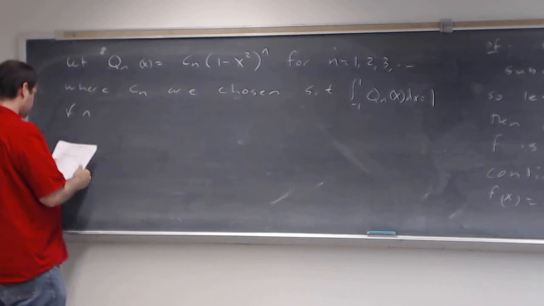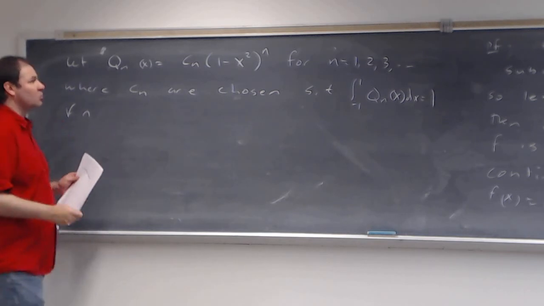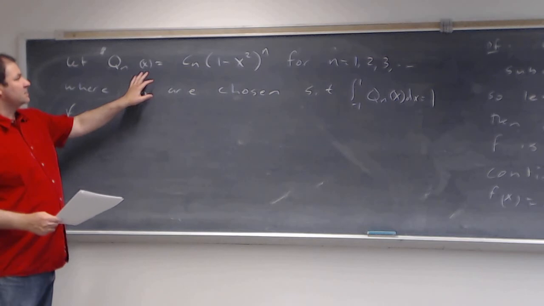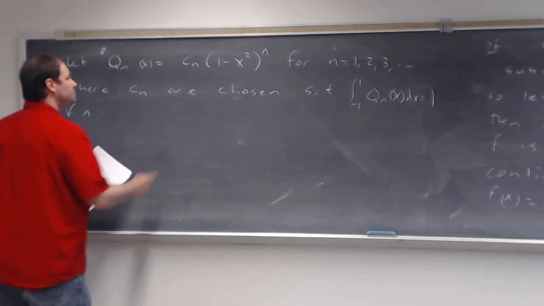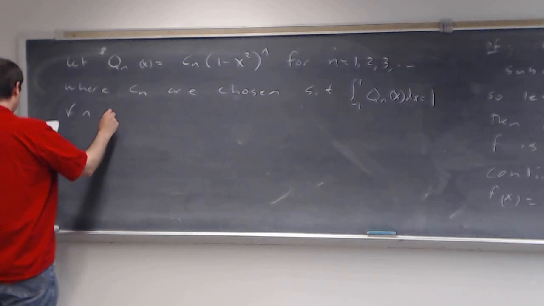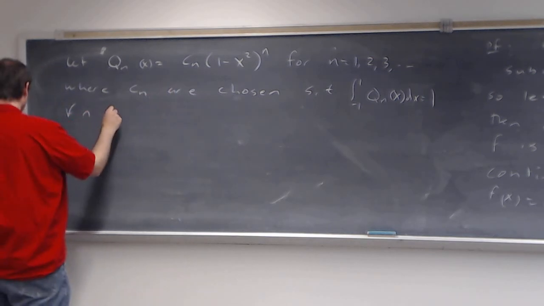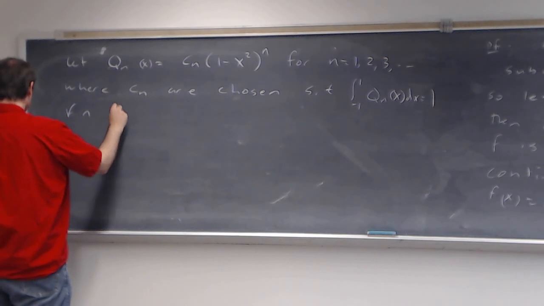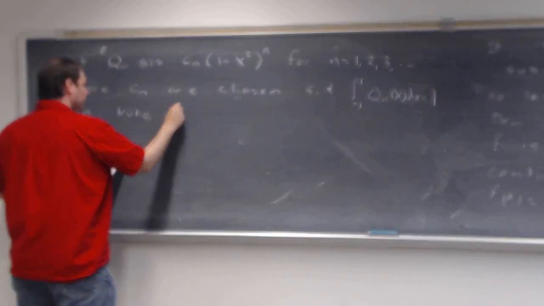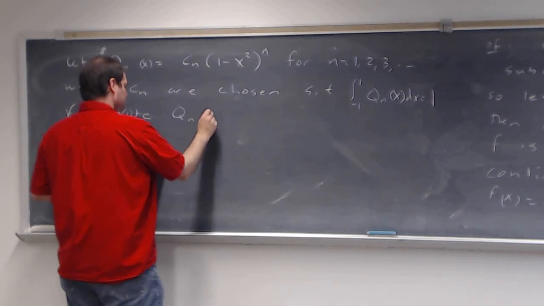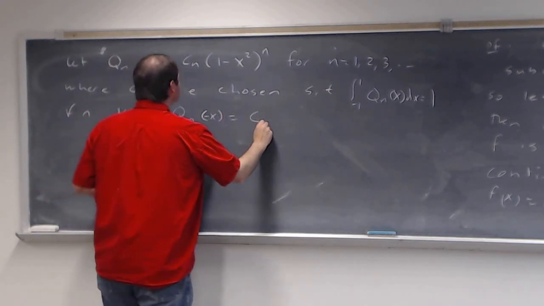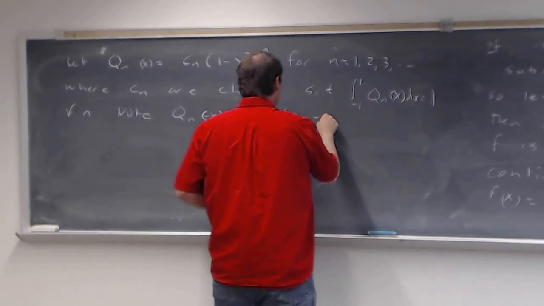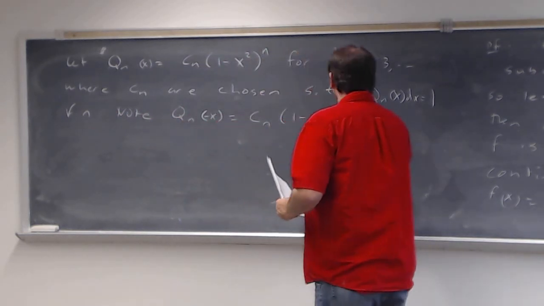Now, one thing I just want to point out is that q sub n of x is going to be a real valued function by its definition. And note, q sub n of minus x is equal to c sub n times (1 minus (minus x) squared) all raised to the nth power.